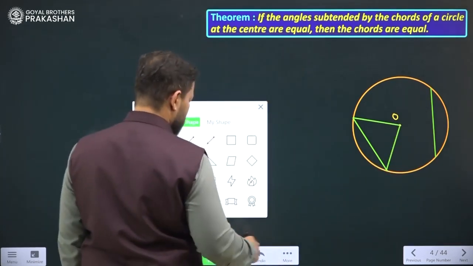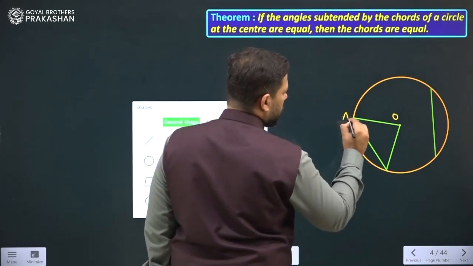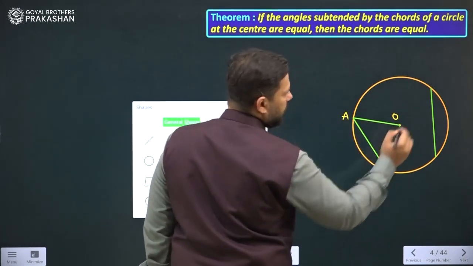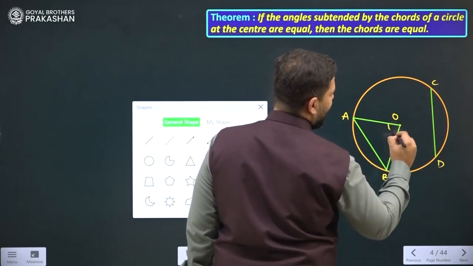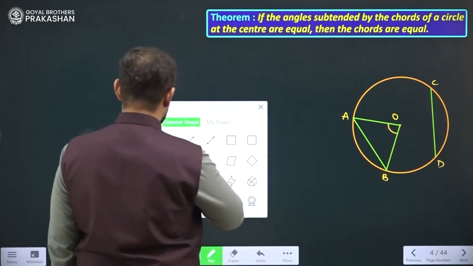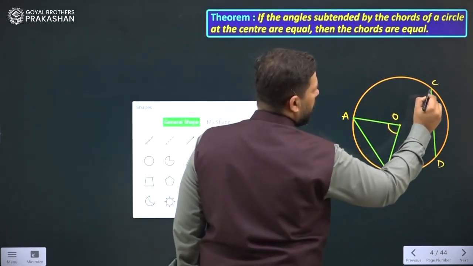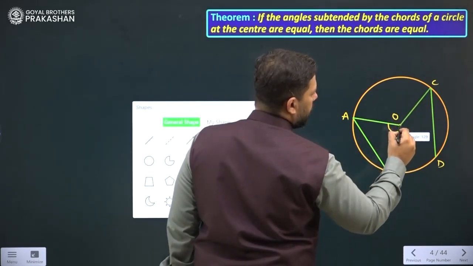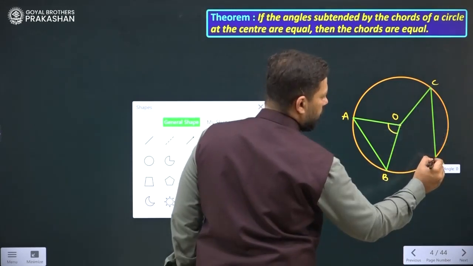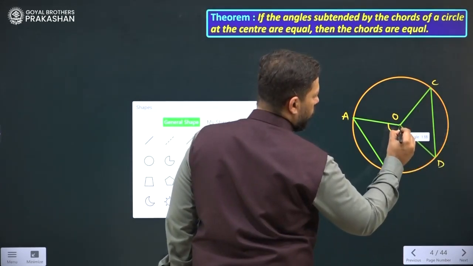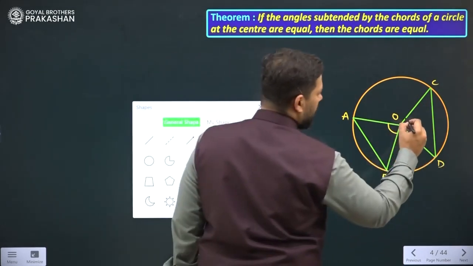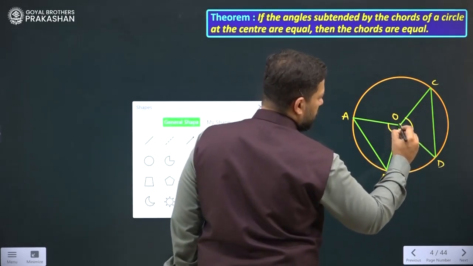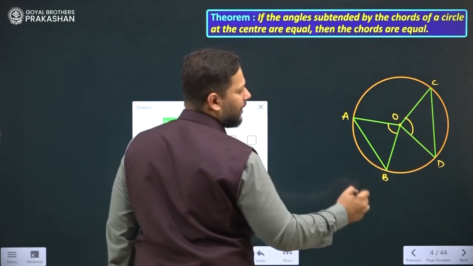Let us name it as AB. So this is chord AB and this chord is chord CD, and it also is subtending an angle at the center. Let us also join it to get that angle. So here we join this point D with O. We already have joined point C with O. So what we get is another angle, this one, which is subtended by the chord CD at the center.